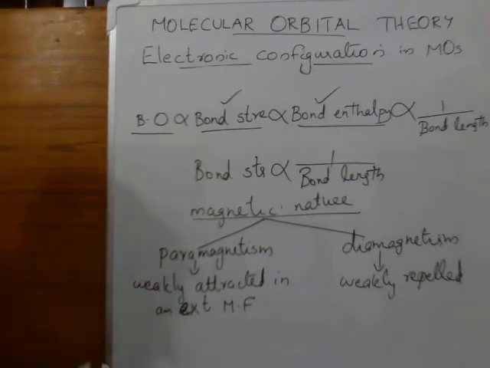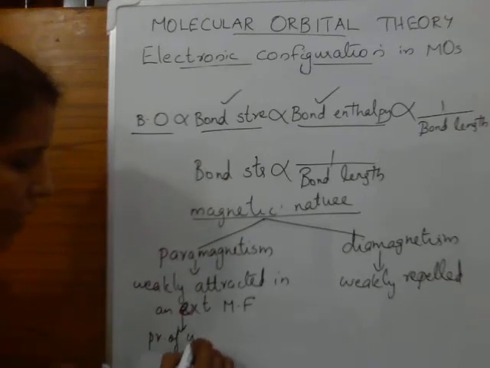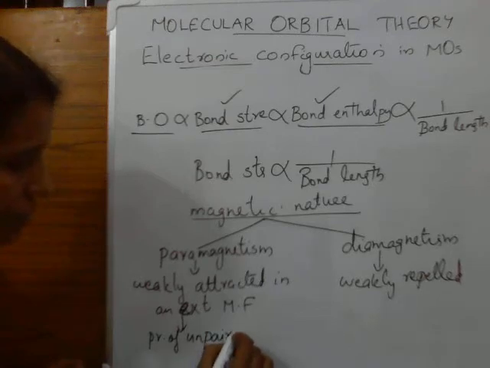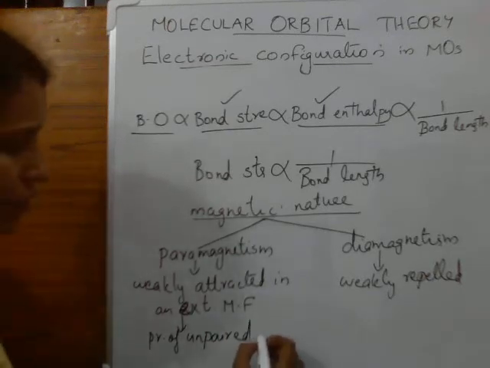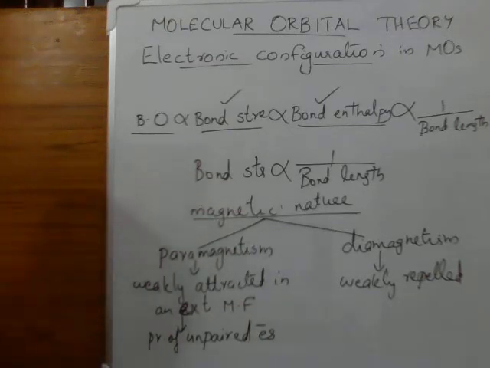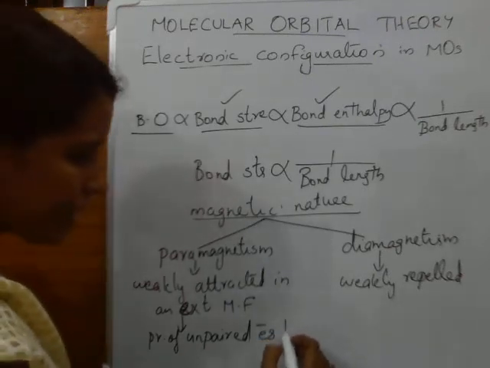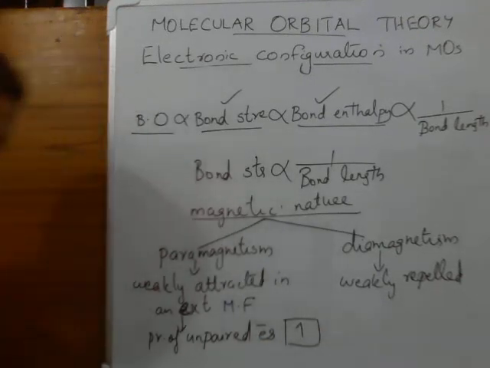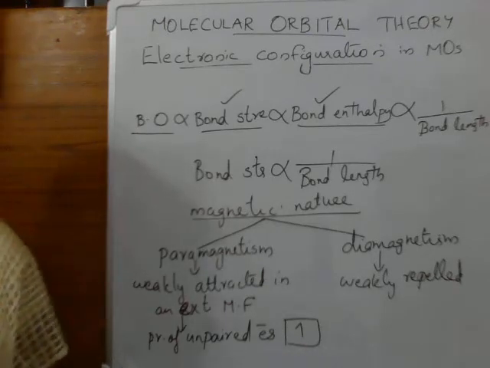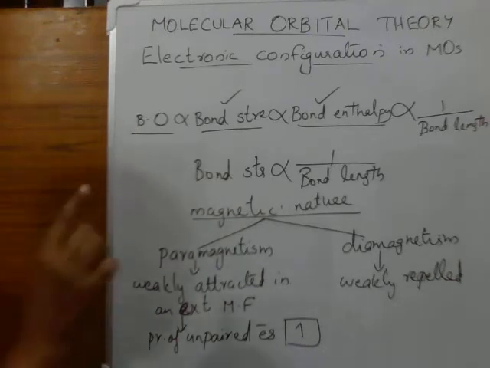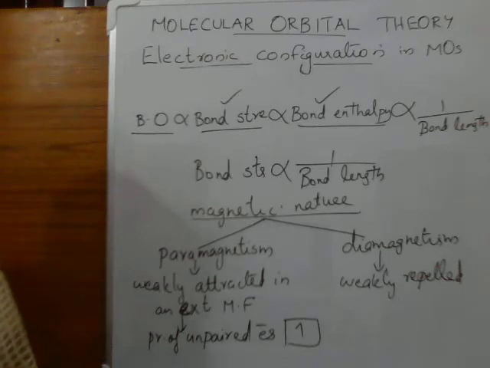And this paramagnetism is due to the presence of unpaired electrons. If the molecule contains one or more unpaired electrons, what is meant by unpaired electron? A molecular orbital with a single electron is called an unpaired electron. If at least one unpaired electron is present in one of the molecular orbitals, that molecule will be paramagnetic, weakly attracted in an external magnetic field.